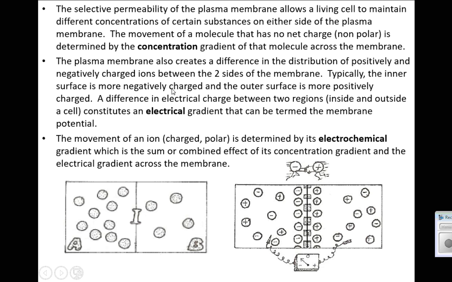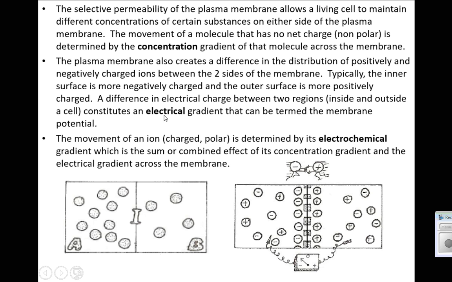Typically, the inner surface is more negatively charged. The outer is more positively charged. We can see that right here. There's not a letter A or B here, but this would be inside the cell, which if we stuck an electrode in there to measure it, we'd see that it would register as negative because there's more of these negative ions inside, more positive outside.